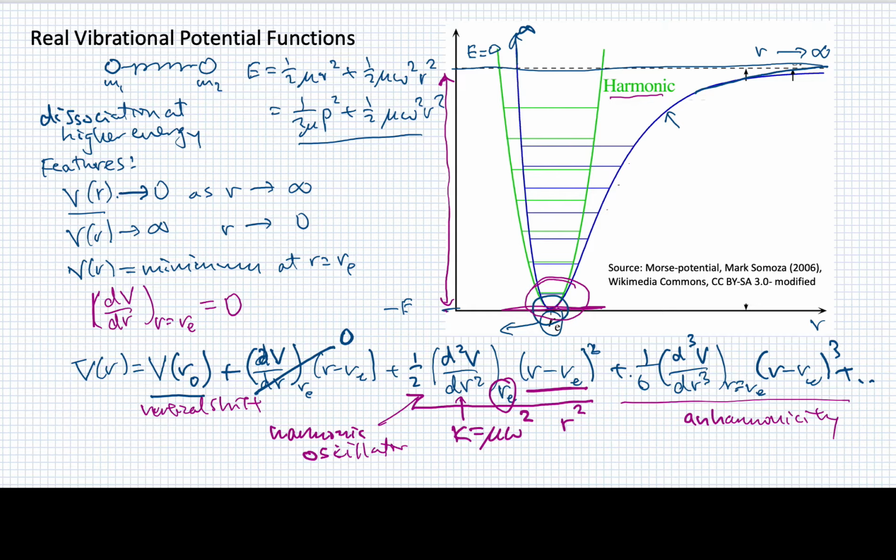So at low energies, we basically have a harmonic oscillator. But as we go to higher energies, we begin to see divergence between the blue curve and the green curve. So we're seeing a growing gap between these two curves as we go to higher and higher energy.